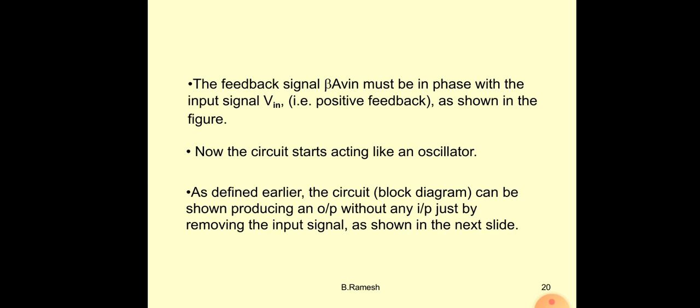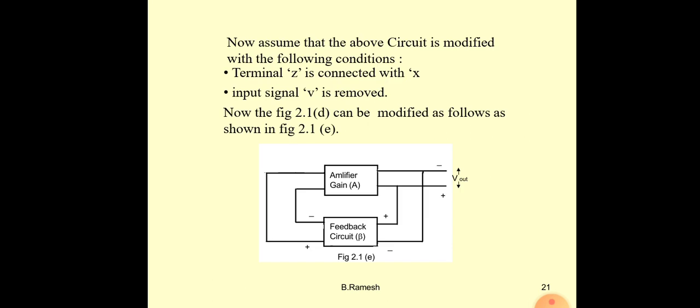The feedback signal beta AV must be in phase with the input signal, which is called positive feedback. See the block diagram of this oscillator circuit. Here there is no input signal, so the feedback voltage is acting as the input voltage.